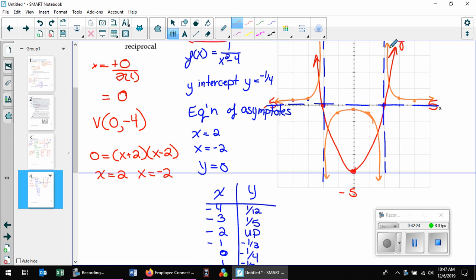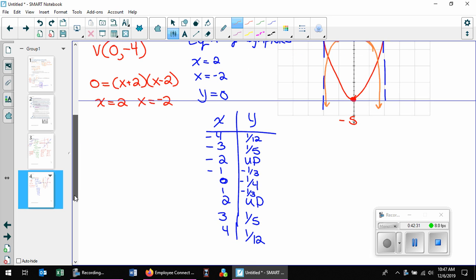The way I learned how to do it was doing sign analysis. And you guys don't have to do this. The table of values is perfectly good, but just make sure you're picking points around your asymptotes. That's the most important part. Just like when we're graphing a parabola with our table of values, you want to make sure you have your vertex in there. Just like this, we want to have points in and around our asymptotes.